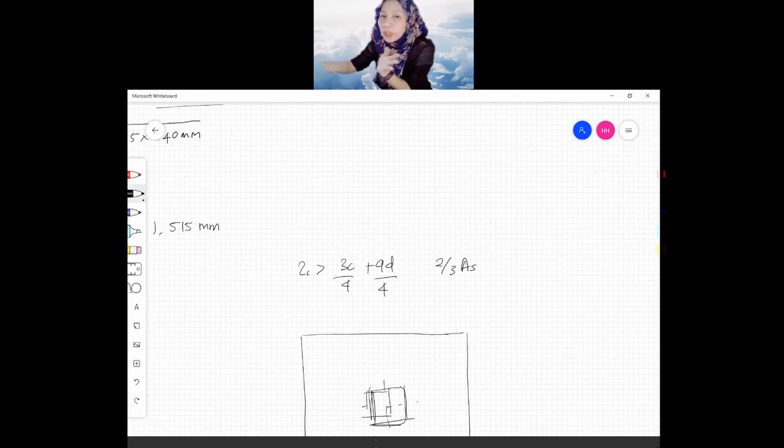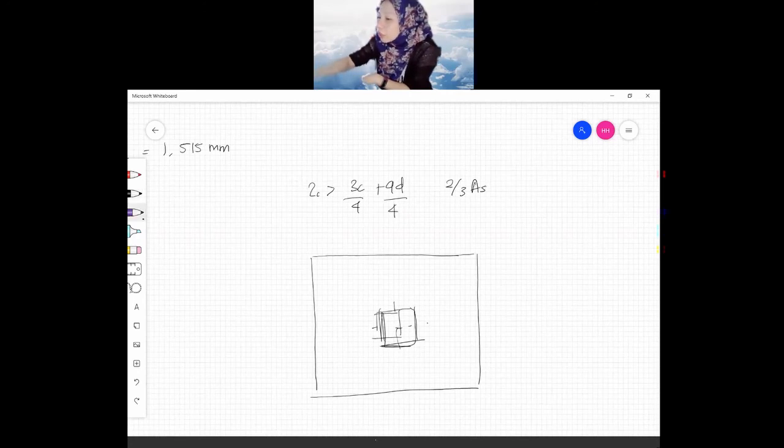Required reinforcement should be concentrated within a zone from the center line of the column to a distance 1.5D from the face of the column. So this distance is 1.5D from the face of the column. So 2/3 AS sits here. So 1/3 AS is here. Okay, it will apply on both sides, meaning the other side is the same too.